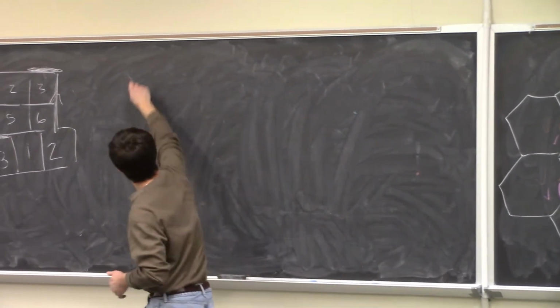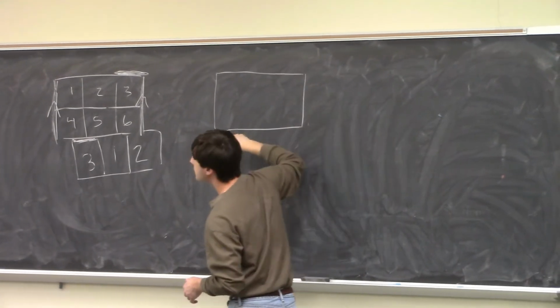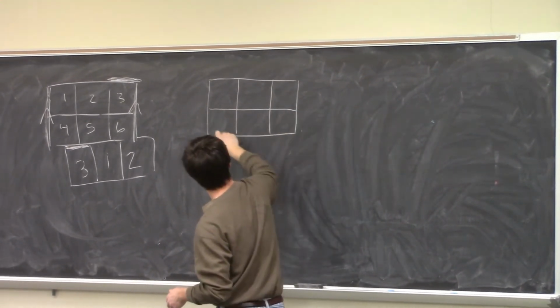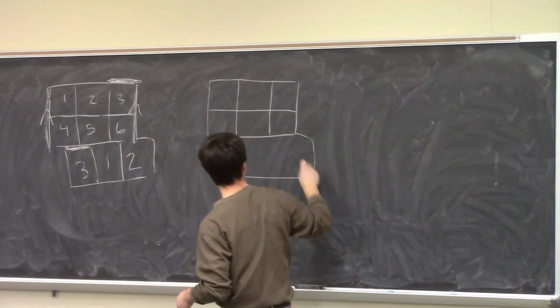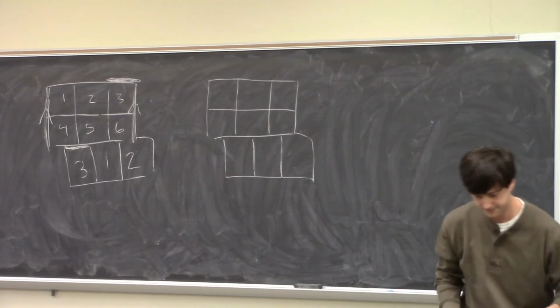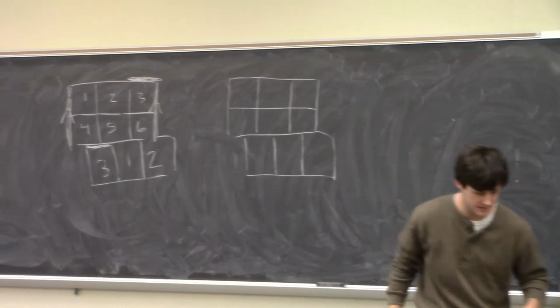We take two of these, and we remove from each of them 6 disks. Let's give these colors.